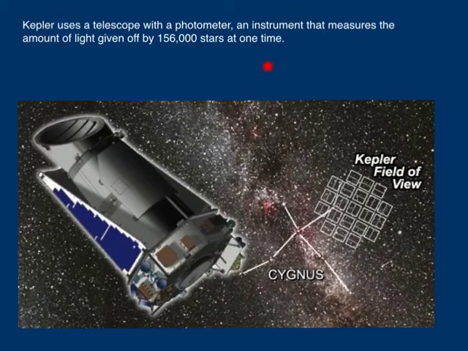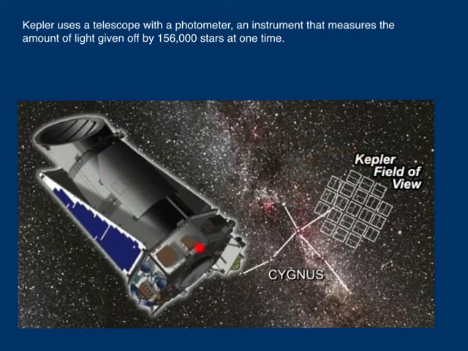There is a telescope mounted up in the sky, and that telescope has a photometer on it. The photometer is an instrument that measures the amount of light given off by stars, and it measures the amount of light given off by 156,000 stars up in the sky at one time.